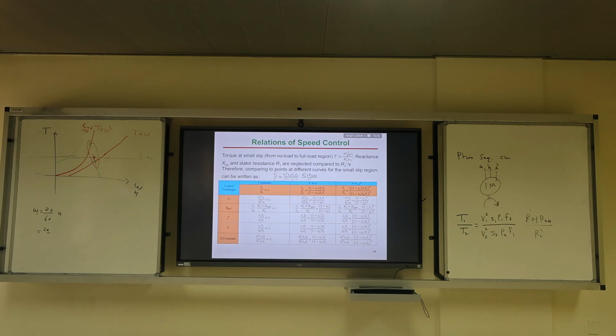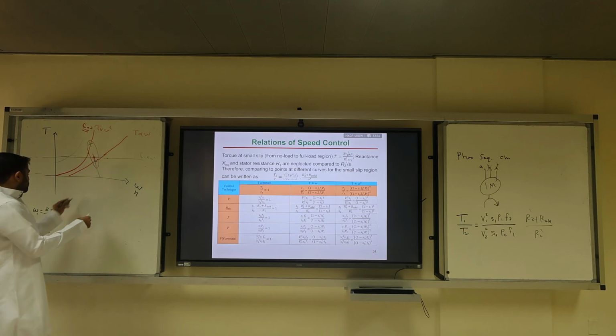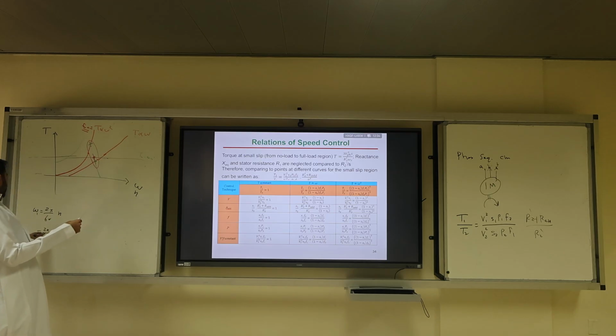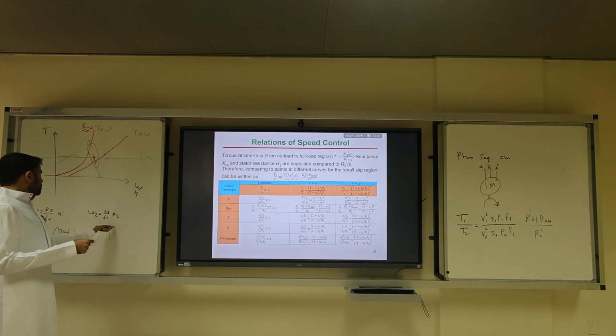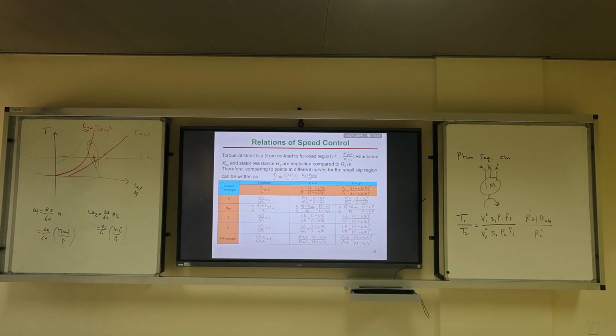N is 120 F over P. So this is F1 P1. To have omega 2, another speed, you should have 2 pi over 60 times 120 F2 over P2. Do you agree with me? Yes.